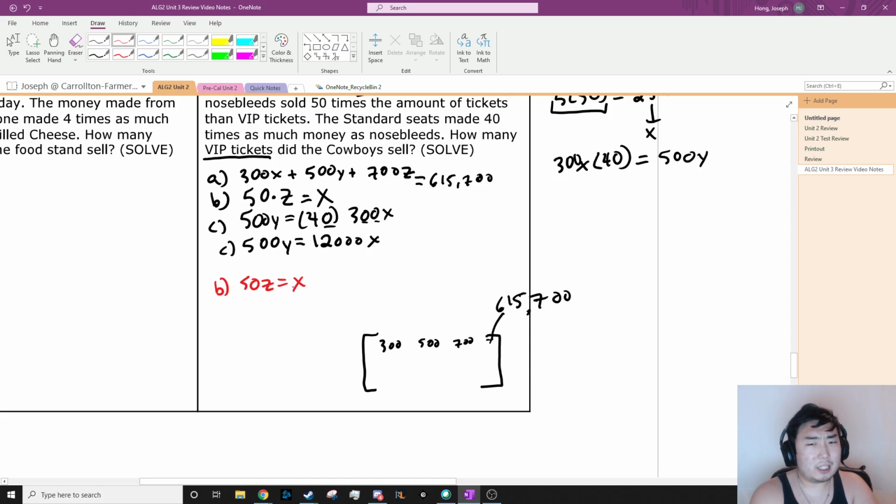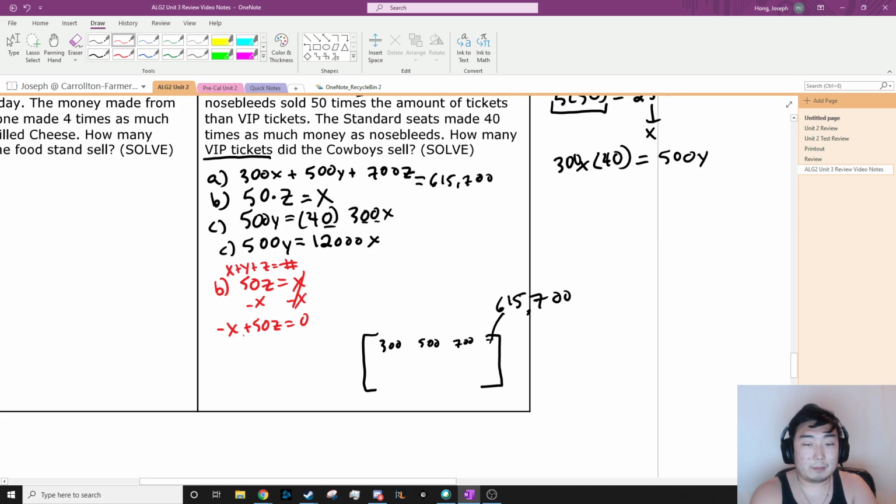But what's wrong is that my matrix equation needs to be x plus y plus z is equal to a number. So I need to move this x over here. And the way that I move that is by subtracting x on both sides. So negative x plus 50z is equal to 0 because there's nothing left here, right?